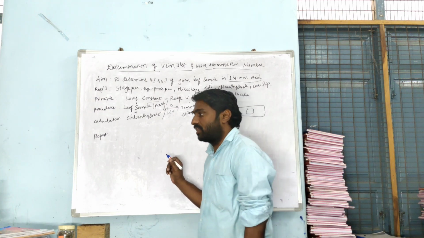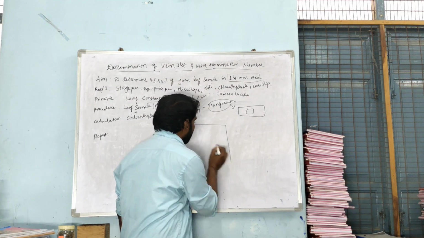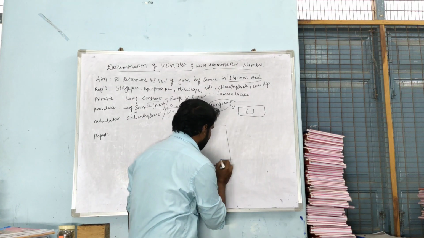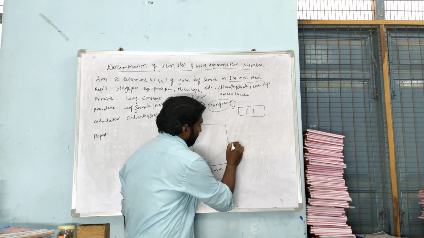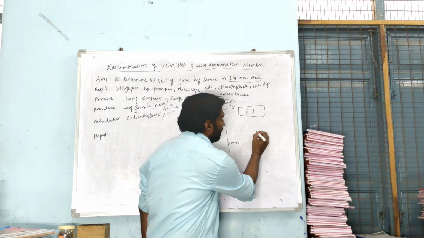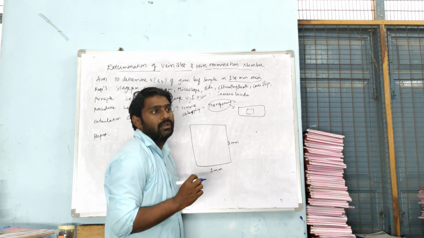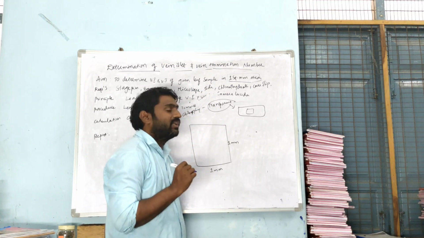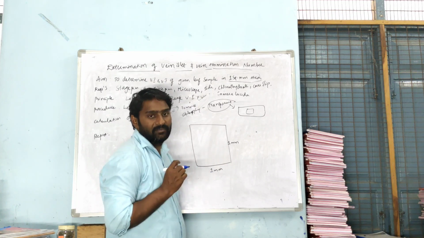But as we are supposed to determine this in 1 square millimeter area, for example, assume that this would be a square of 1 millimeter area. Coming to the practical, 1 square millimeter area is very small, so it is impossible to trace the images in this 1 square millimeter area.